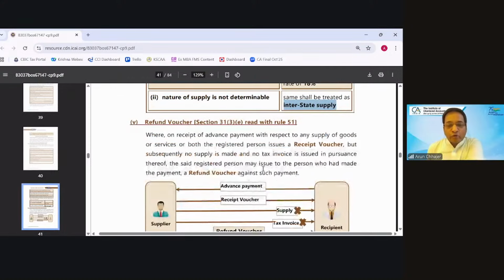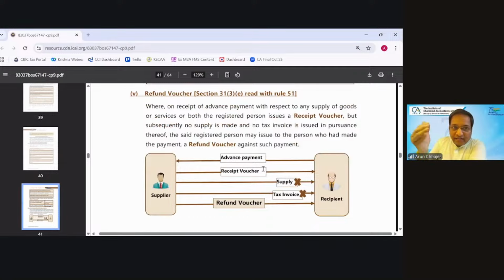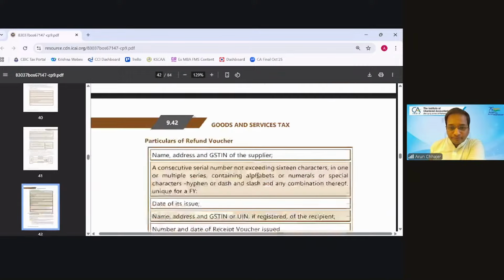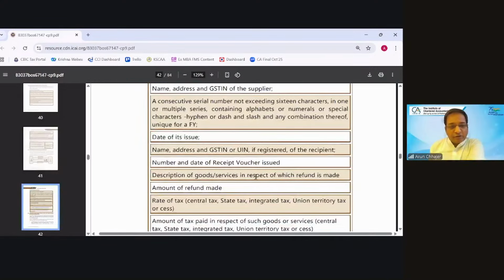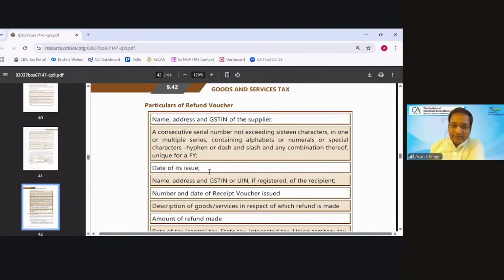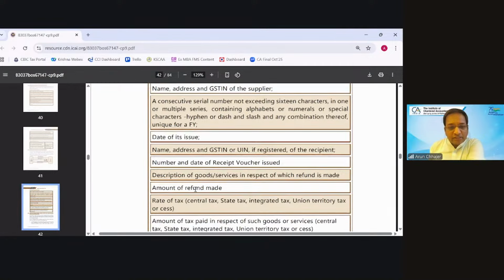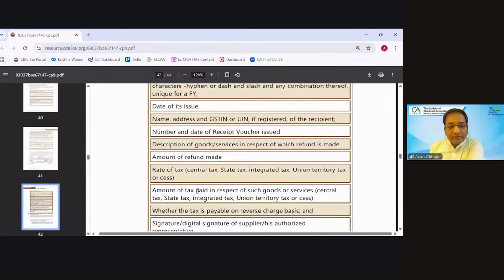In case of the refund voucher, when I have received the advance from the customer and I could not complete the supply, I have to return this money, then I will issue the refund voucher. What should be the content? It will also be the same: name, address, GSTN number, consecutive serial number, date of issue, name, address of the recipient, GSTN number, number and date of the receipt voucher, description, amount of the refund, rate of the taxes, amount of the taxes paid, whether tax is payable under reverse charge, etc.